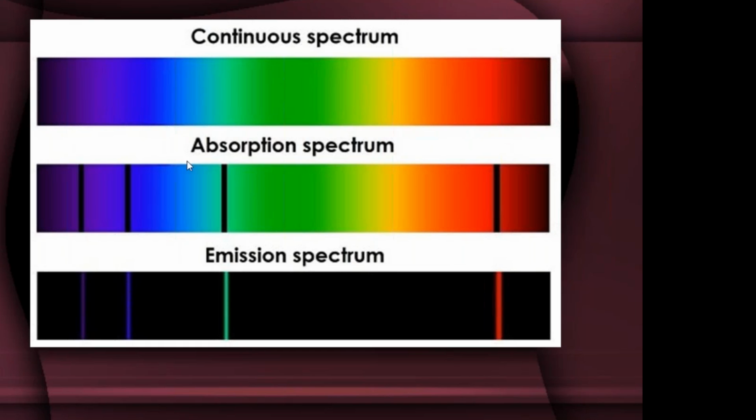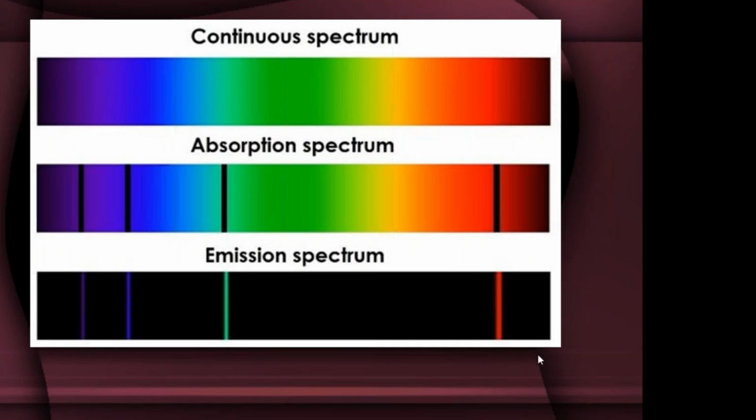Now in an absorption spectrum, you will see the same continuum, but the sample is absorbing at certain wavelengths. So at those wavelengths, you will get dark lines. So an absorption spectrum gives dark lines at the wavelengths at which the sample absorbs.